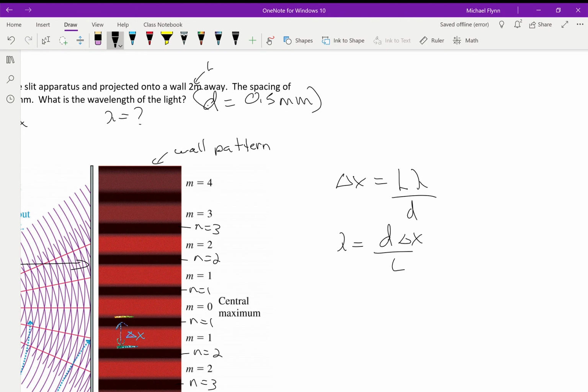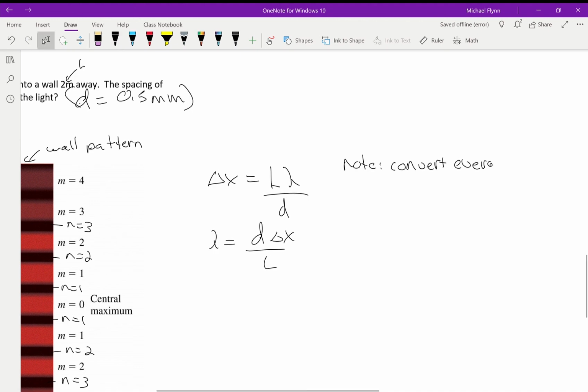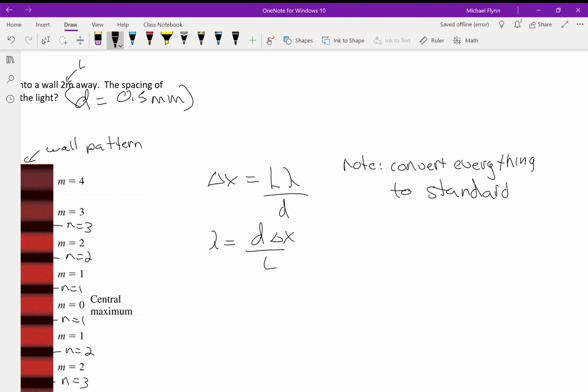Now they do all have to be in meters, so I'm just going to say note: you must convert everything to standard units. Millimeters will not do. Okay?